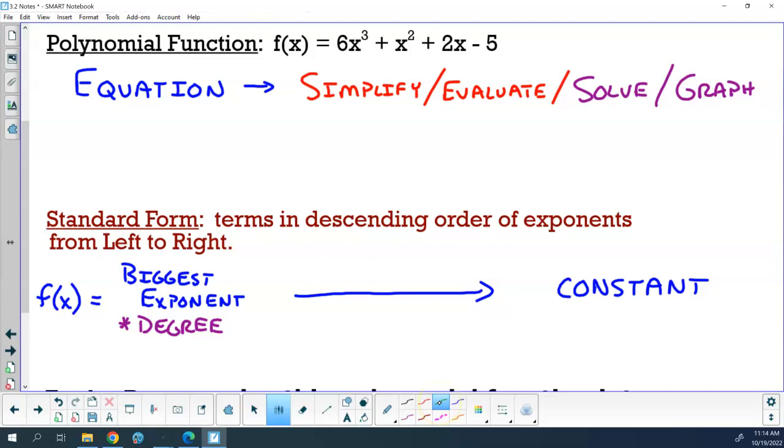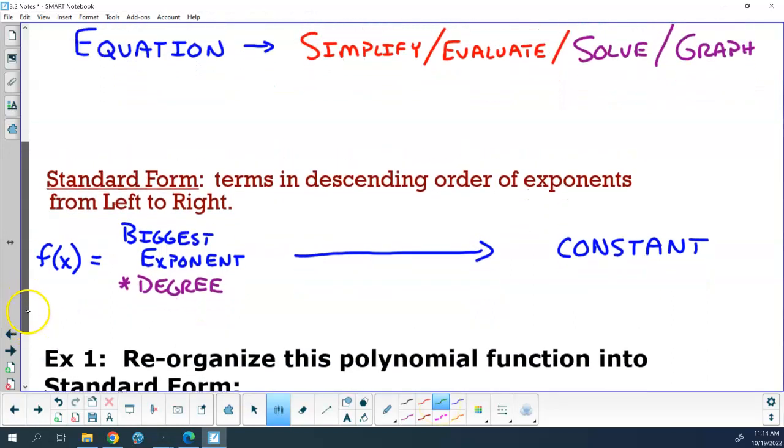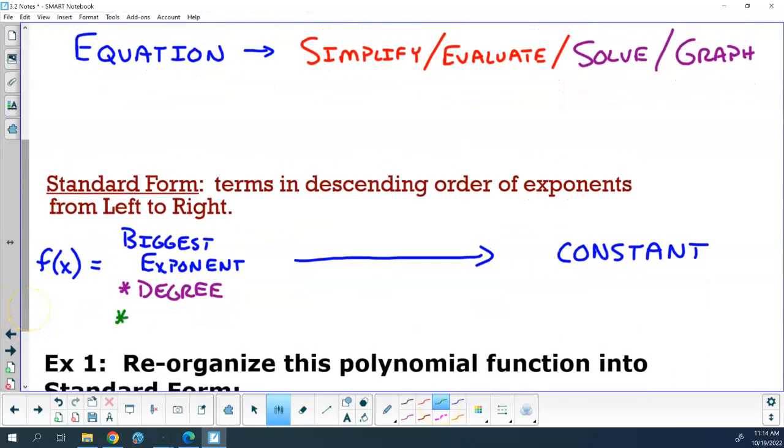Also, the number in front of this term is called the lead coefficient.